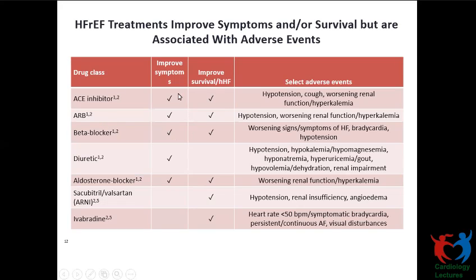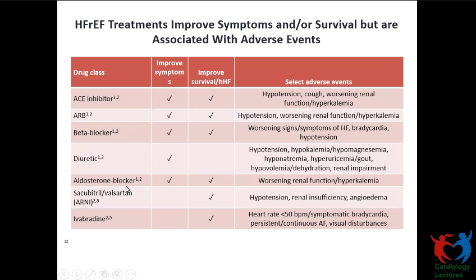Along with ARB there is similar improvement in symptoms, survival and hospitalization for heart failure, which is also decreased by ACE inhibitors, ARBs and beta blockers. Whereas diuretics will improve the symptoms, but never improve survival or hospitalization. You know the side effects, everybody knows that, I am not touching on that.